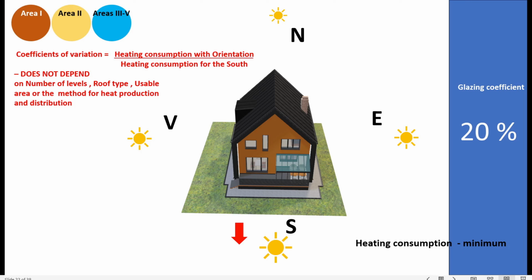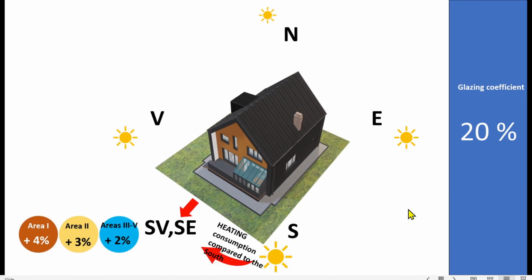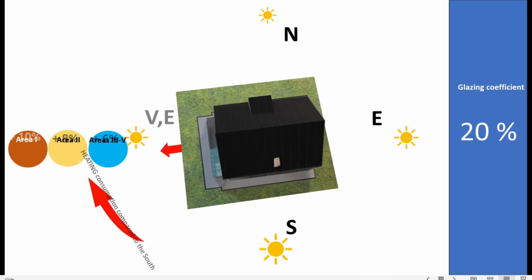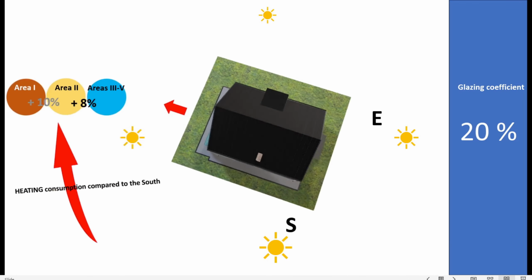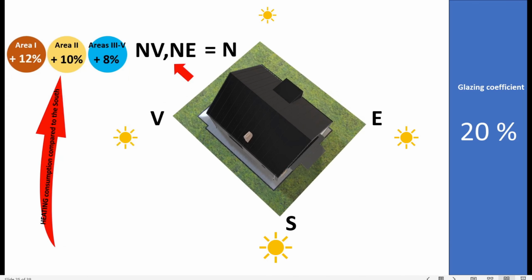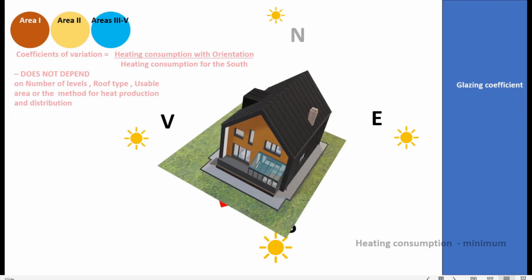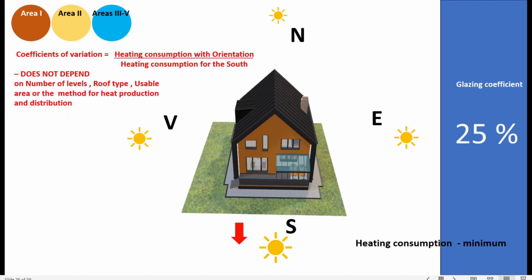Now, if we increase the glazing coefficient, the solar gains also increase and the effect of changing the orientation of the house is amplified. We continue to increase the glazing coefficient.